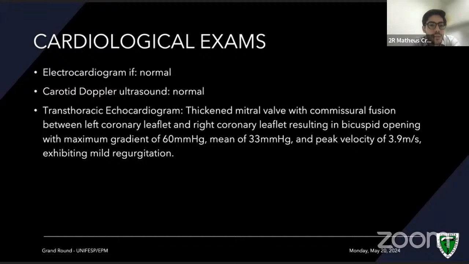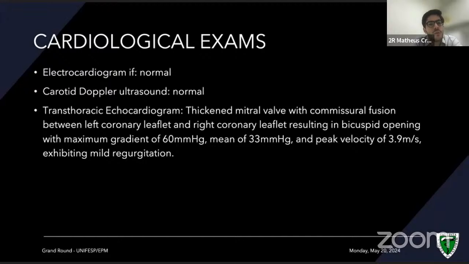And about his transthoracic echocardiogram, it has a mild regurgitation of the mitral valve, and we had an interconsultation with the cardiology team, in which they said that it was a mild, kind of moderate mitral stenosis, but without surgical indication, and would not likely cause this condition of arterial occlusion just by this cause, just by stenosis.